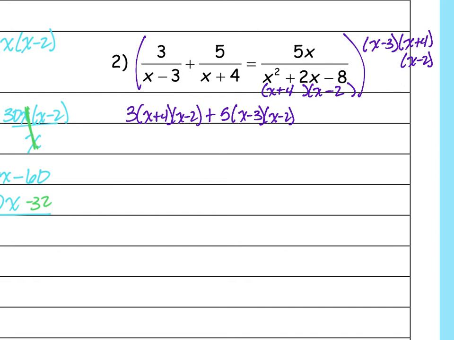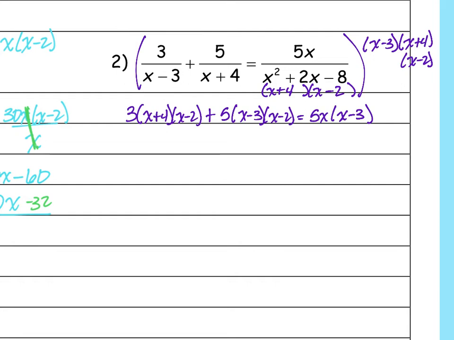And 5x, and I get rid of an x minus 2, both of them. So I'm only left with x minus 3. I thought we were going to have a cube for a minute, and I was going to be really unhappy. But we're not. We're good. So now I have to multiply all this out.